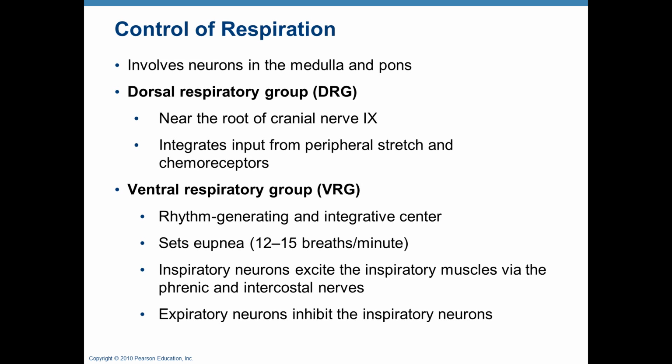Like I said, if your body fluid pH is too low, you're going to increase your breathing rate, right? Because you want to give off more CO2. If your body fluid pH is too high, you want to slow down your breathing rate so that you're not exhaling out as much CO2, because that's going to help lower your body fluid pH back into the normal range. The more CO2 you have around, the lower the pH. The less CO2, the higher the pH. Just think about it in those terms, and that will wind up helping you.